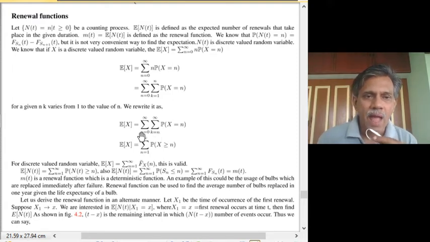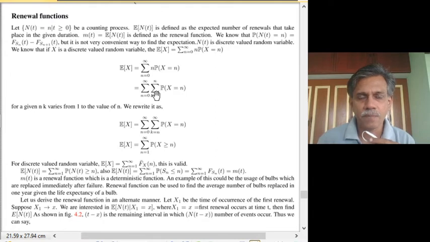When n is equal to 0, k will have no range. When n is equal to 10, k will vary from 1 to 10. So as n increases, the range of k also increases. When n becomes infinity, the range of k will also become infinity. So it starts with no range and goes all the way to infinite range.